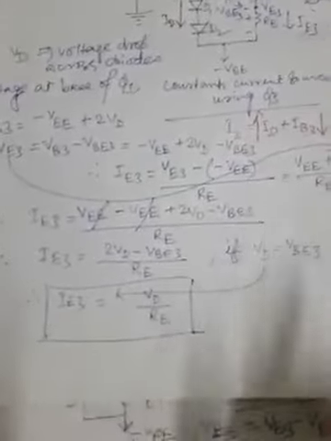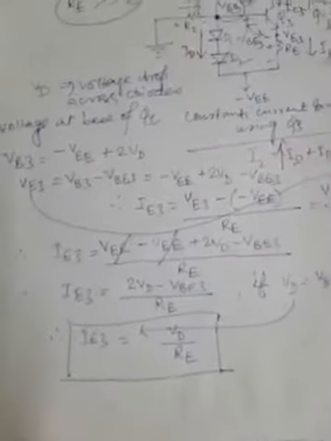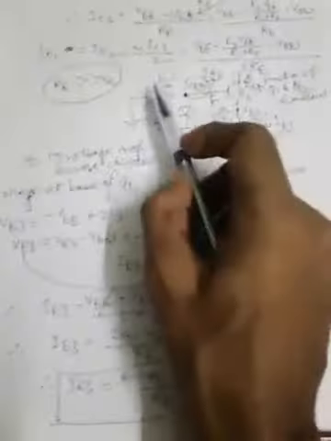So for a given value of RE, the emitter current depends on the voltage drop across the diodes, but the voltage drop across the diodes is a function of the current ID through them. That means the diode current. However, the current ID is a part of current I2, which is flowing from the ground into the base terminal in this direction from left to right through R2.